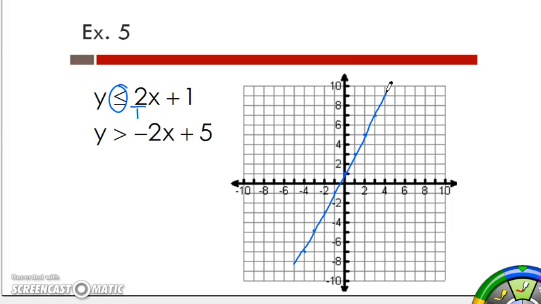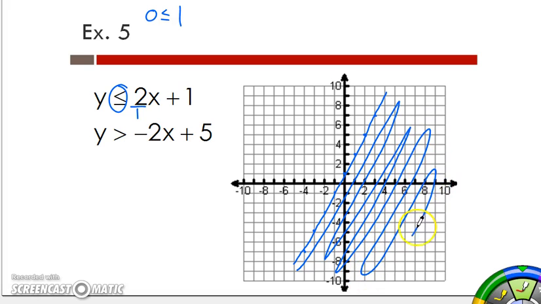I'm going to pick the point (0, 0). I'm going to plug it in and see if it's a true statement. So I have 0 is less than or equal to, basically 2 times 0, I know it's going to be 0, plus 1. 0 is less than or equal to 1. That is a true statement. So I am going to shade this area over here.